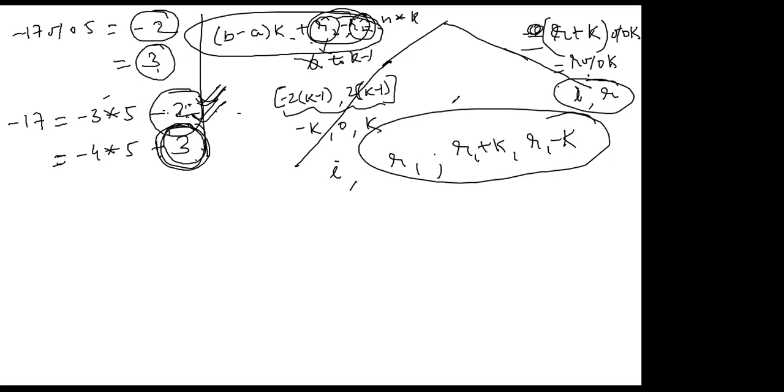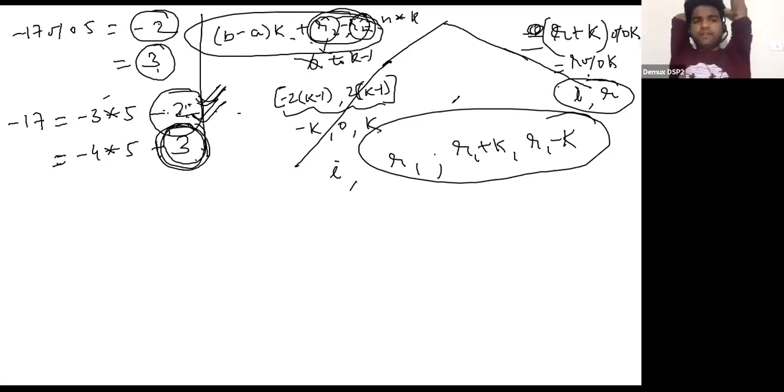So if we get any number which is negative, we'll just take the absolute value and then mod it by k. So we'll keep the range as it is. For -17, you will take 2. That is not right. Okay. -17, you can either take -2 or 3.